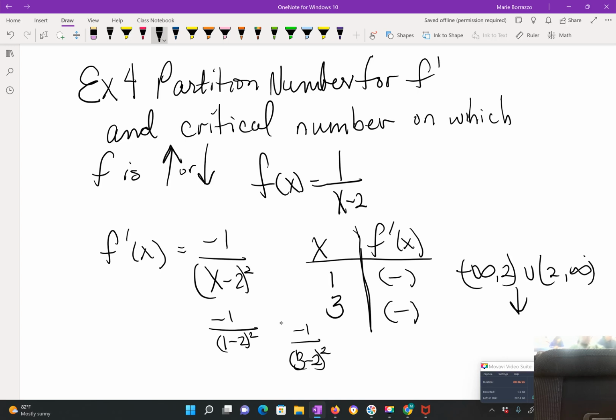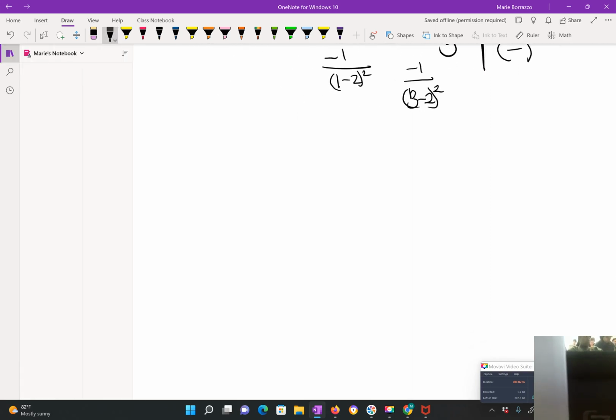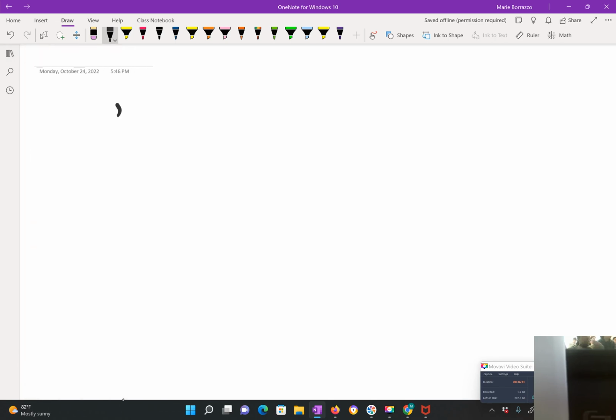So in example 5, you have to recall your natural log derivatives. Okay, and so here's example 5. Actually, let me switch pages. Example 5.